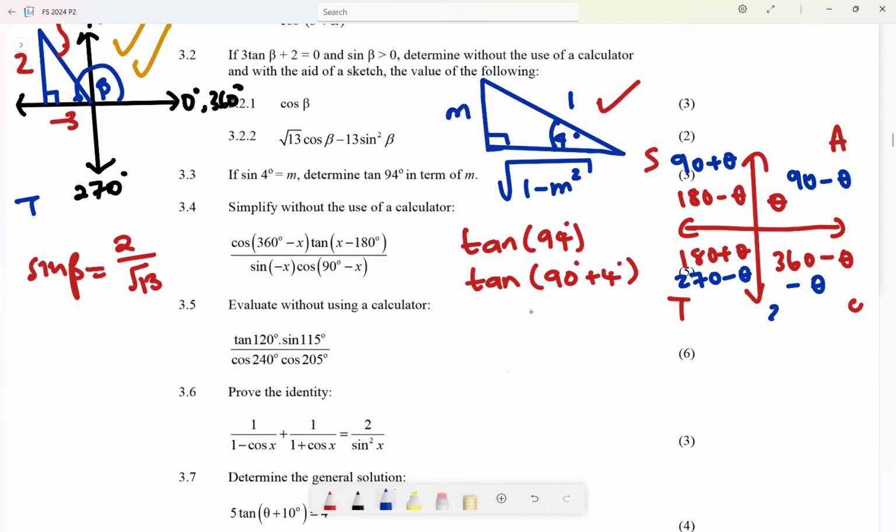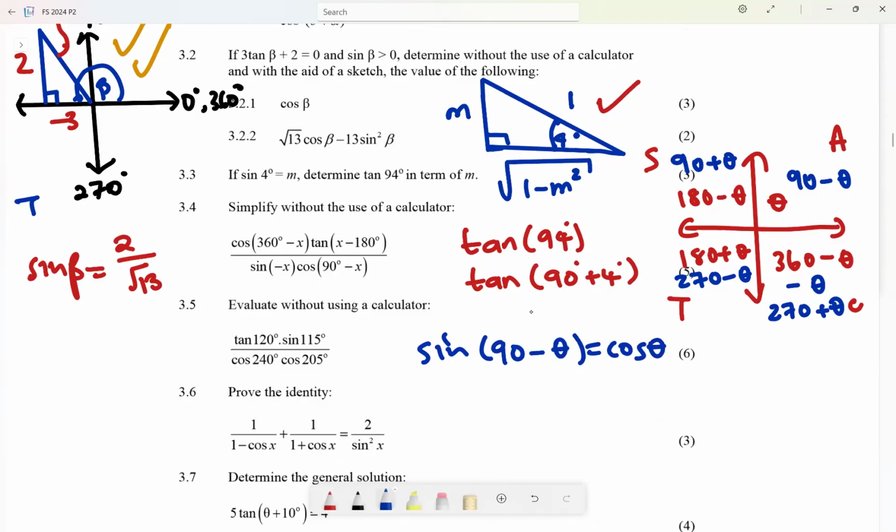These are called cofunctions. Yes, I now remember the name. The 90 and 270 are called cofunctions. Now the interesting part, remember, is that sine of 90 minus theta changes to cos theta.